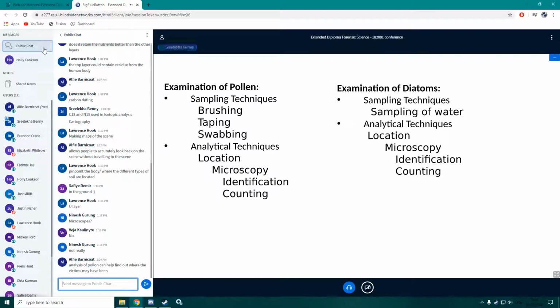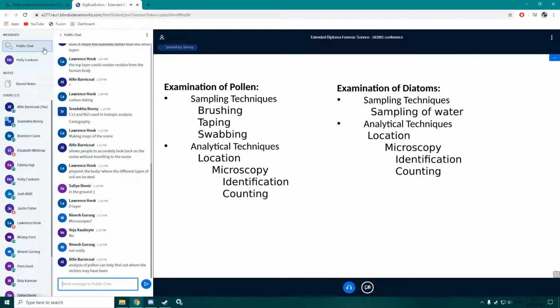Some pollens will be in one habitat, and then the concentration in the soil will be different. Some plants only grow in certain parts of the country, and only in certain soil. So all these things can help to identify the crime.